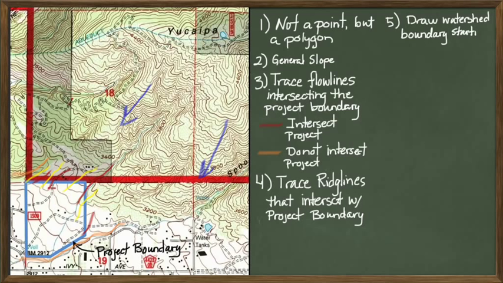And so where we have traced the intersection of the ridge lines and the project boundary, that's where we begin drawing our watershed boundaries. So we start where those two lines intersect. And here I've drawn a little dot where one of those might begin.